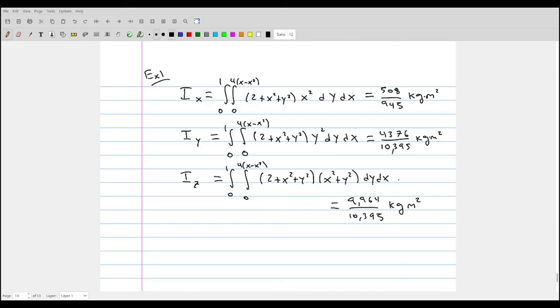If you approximate these values, you get IX is 0.537566, IY is 0.420972, and IZ is 0.958538.